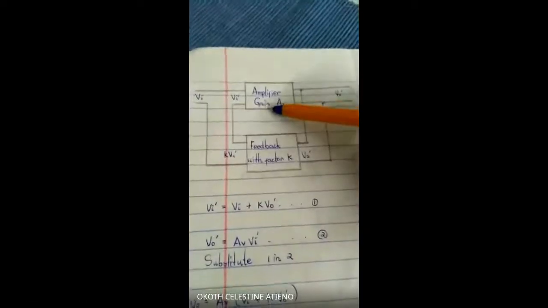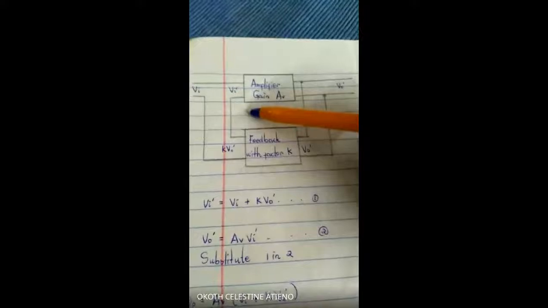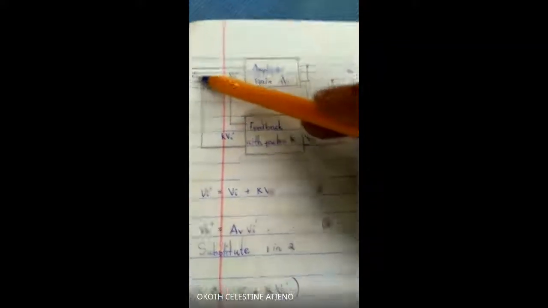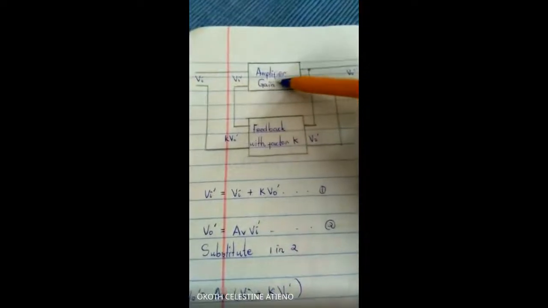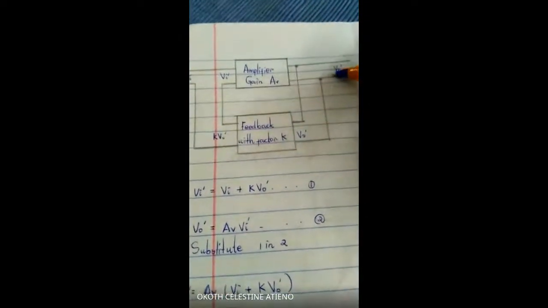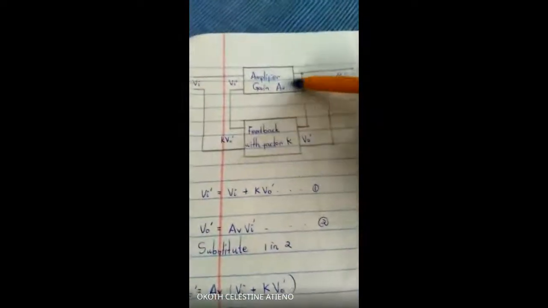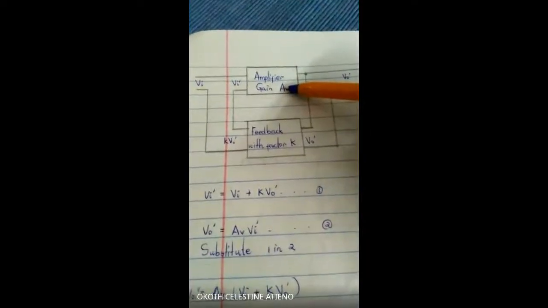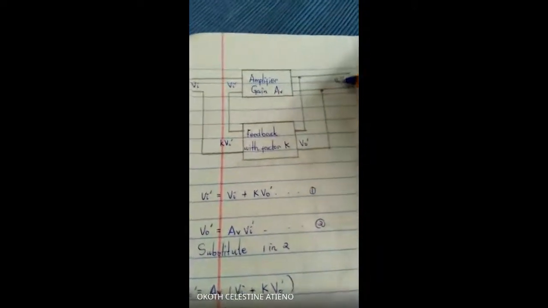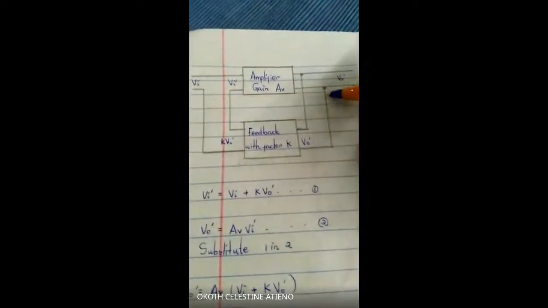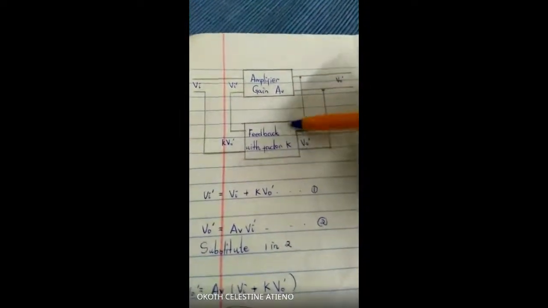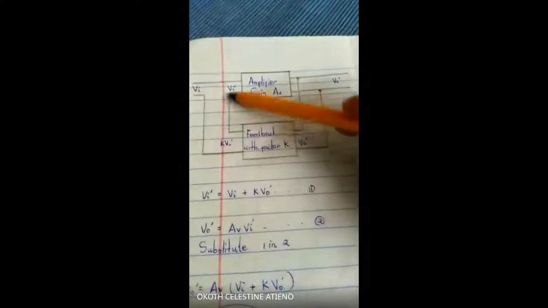Now this is an amplifier with feedback. We have our V in, our initial input coming in, and then it is amplified by some gain AV, and it produces V out. Now in feedback, some fraction of this V out will be fed back into the input.